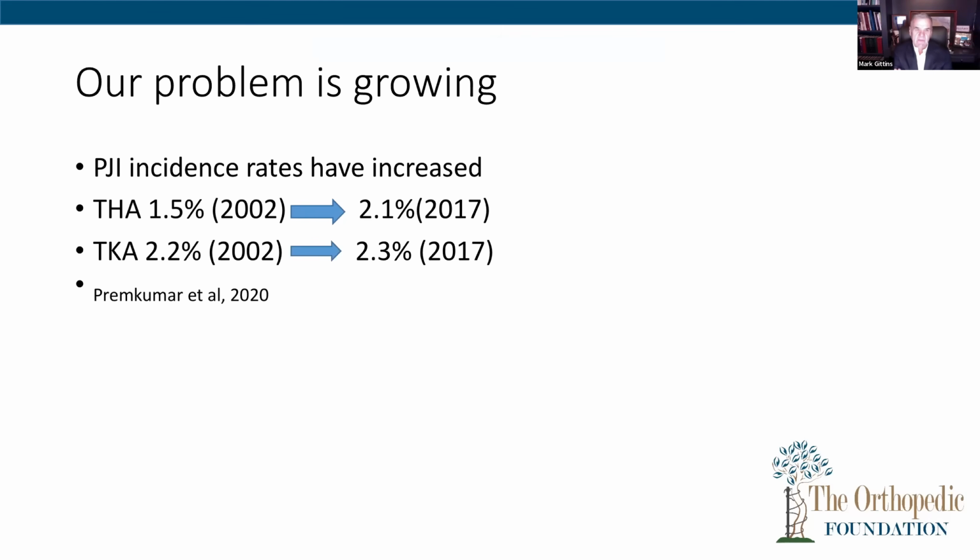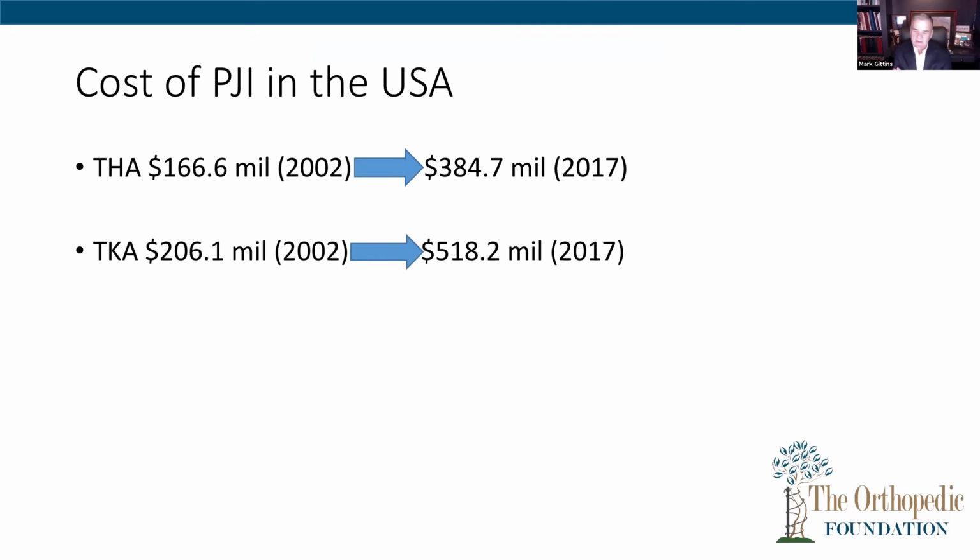The problem that we have with prosthetic joint infections, these PJI, is that it's increasing over the last 15 years. We look at this study, we've seen both knees and hips increase in the rate that we're seeing them. What this means to our healthcare and the dollars that we all spend in our tax for this is that it's going up.